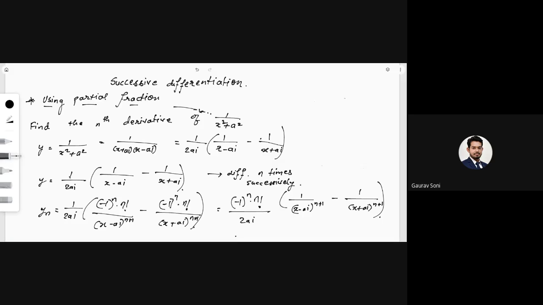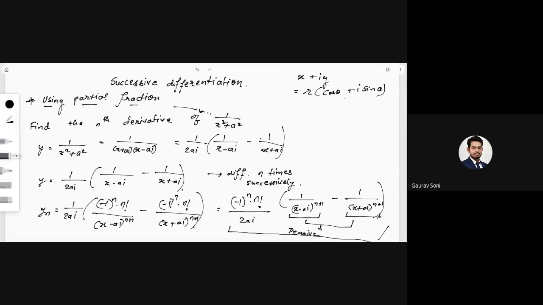So up to now everything is fine, but there is a small change over here. This type of expression, as we haven't done complex numbers, can be easily simplified using De Moivre's theorem. I'll just state De Moivre's theorem so that you can understand. A complex number x plus iy can be written in polar form as r cos theta plus i sin theta.